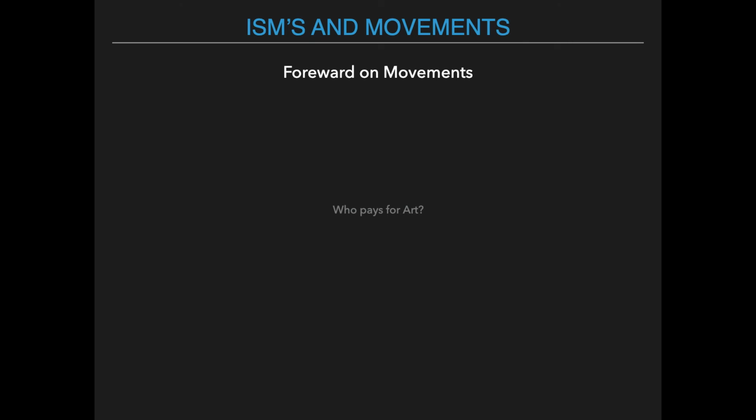But in the past, like 300-400 years ago even, who paid for art? Well, it wasn't consumers. There wasn't really a thing called consumers back then, right? The people that paid for art were the rich, or the church, right?